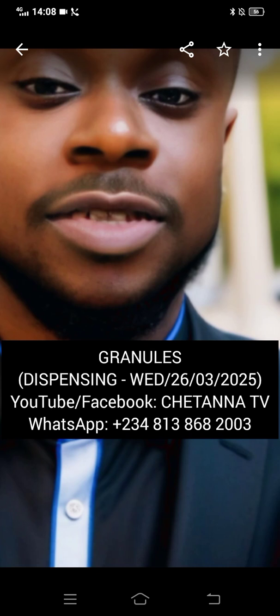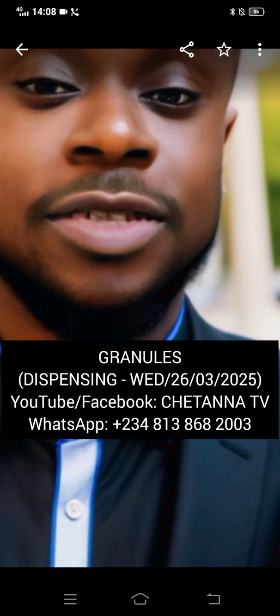So let's look at effervescent granules. Do you know why I didn't mention uncoated granules? Because granules, your parent form, normally is uncoated. So uncoated granules, that one is there.